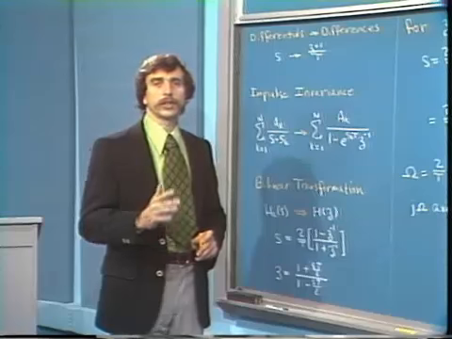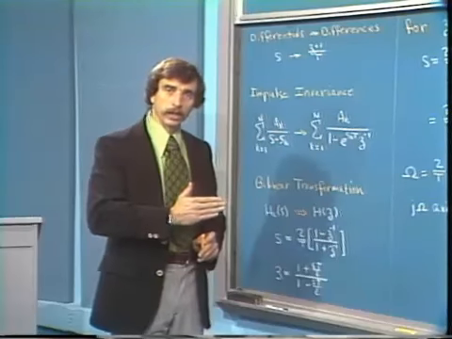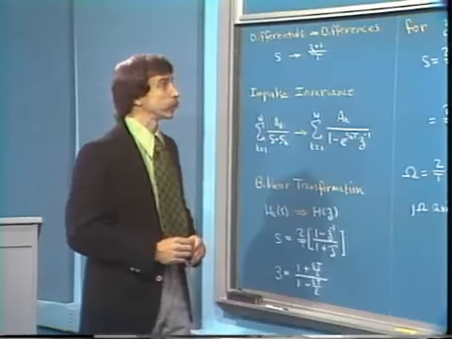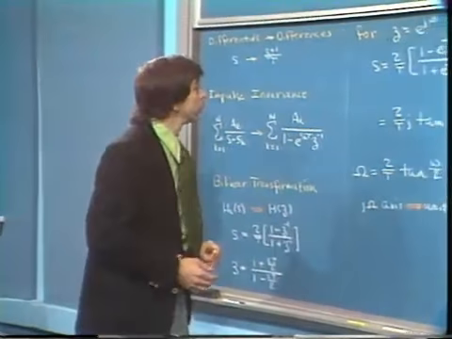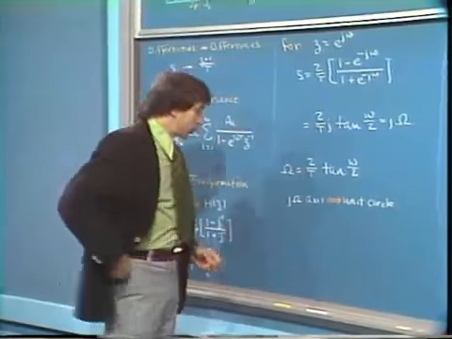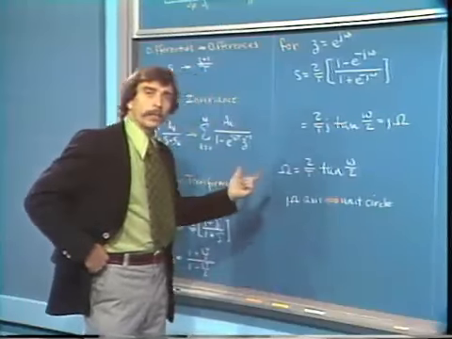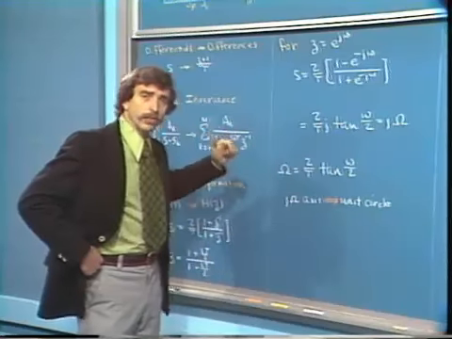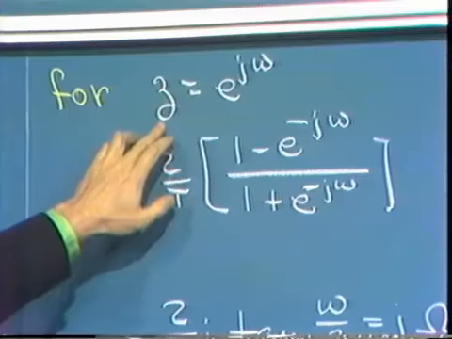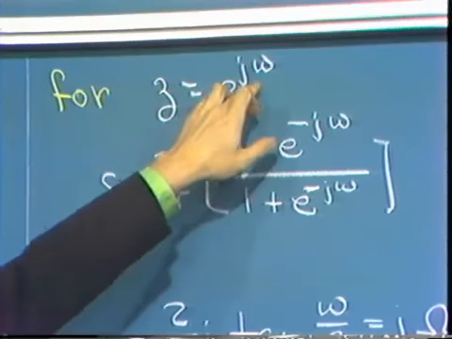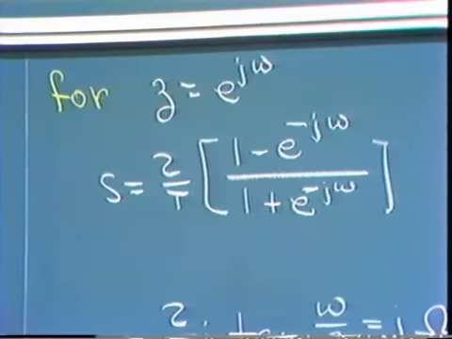And second of all, does it map stable analog filters to stable digital filters? Well, let's look at the first question first. Let's look at the unit circle and inquire as to what part of the j omega axis of the S-plane the unit circle came from. So we have then z equals e to the j omega on the unit circle.